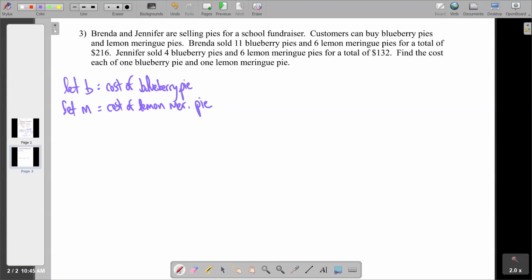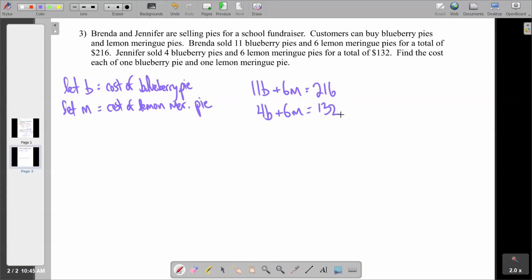All right, step one in the book. Step two, let's write an equation. Someone give me an equation for Brenda. Equals. We're going to find ourselves again in a similar situation. The computer was feeling nice when it wrote these. What is Jennifer's equation? 6M equals 132.